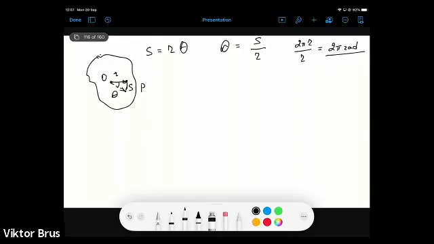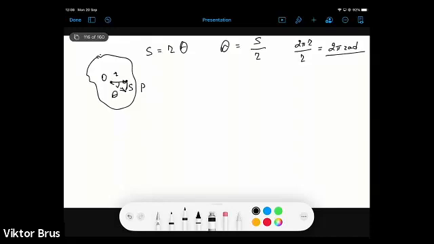Following our previous considerations of kinematic equations, we can also extrapolate those approaches to rotational motion.